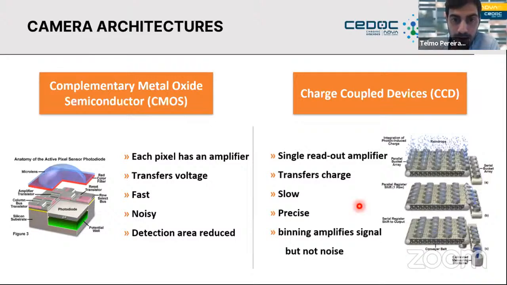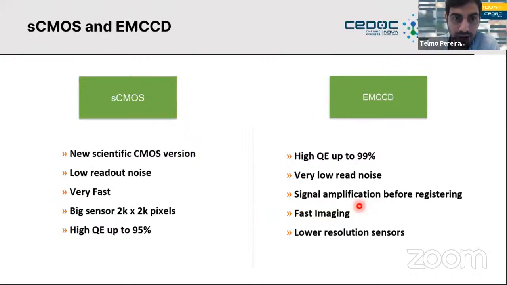Okay, I will not talk about this because I'm running out of time, sorry. And now I'm just moving on to the newer, more advanced types of cameras that usually are the ones being used nowadays in microscopes. One is the SCMOS, the scientific version of the CMOS. Usually now they are very, very fast.